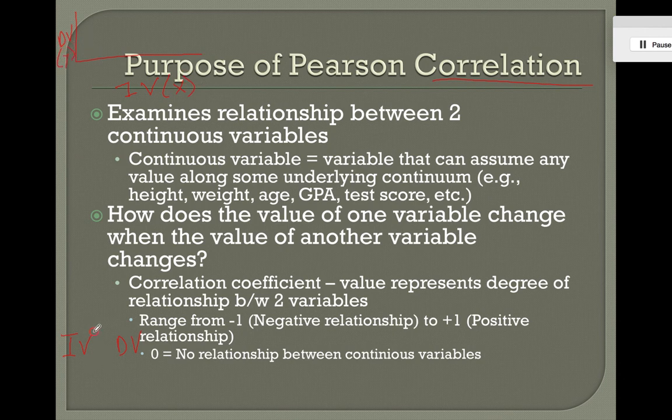So here, if the IV is x and the DV is y, what we now want to look at is what is happening to the scores when we look at them in terms of their pairs. So if an x value goes up and a y value goes up, we are going to see that there is a positive correlation.